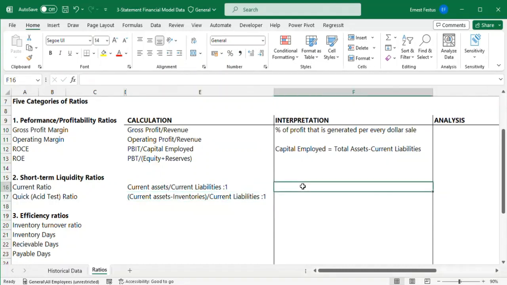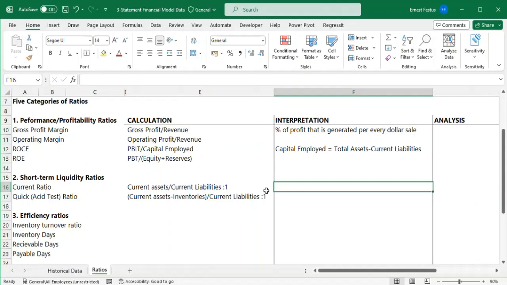So let's look at the interpretation and then the analysis, how to interpret them and then also analyze them. Now, the current ratio measures how adequate our current assets are in relation to our current liabilities, that is, whether they are adequate enough to cover our current liabilities.